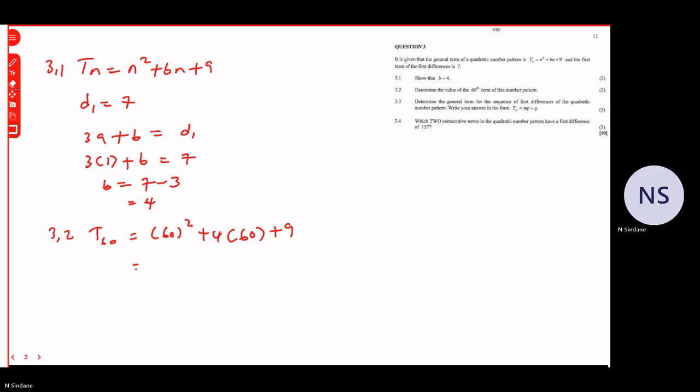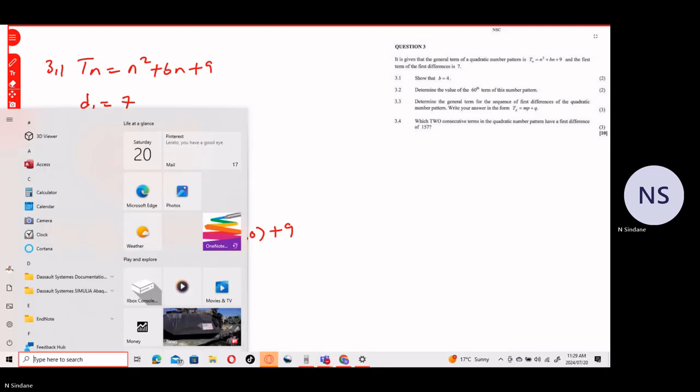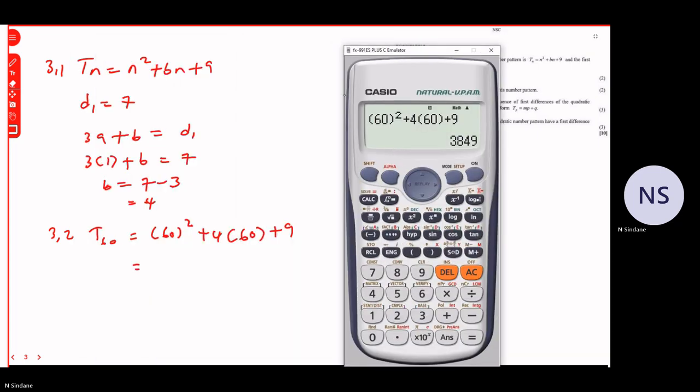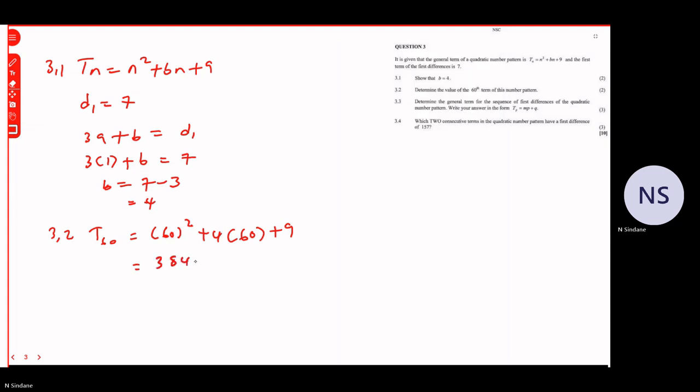And then let's get our solution: 60 squared plus 4 into 60 plus 9 is 3,849. So 3,849 is my solution.